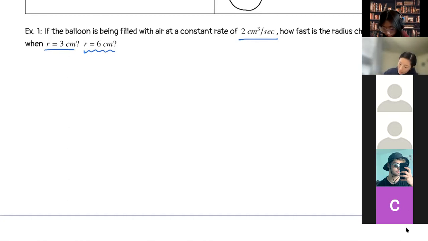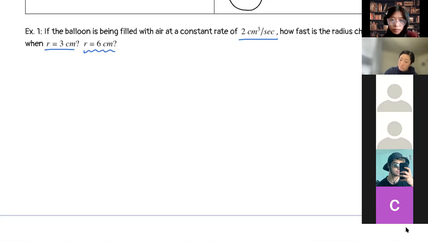So let's think about this rate that they've given us right here. Is that rate telling me how fast the radius is changing? Got a yes, and a no, and a no. Okay, so let's think about the units now.